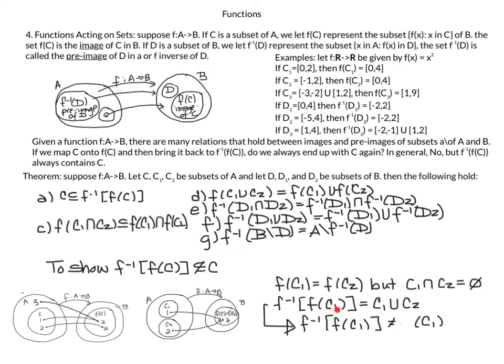If I look at f of C1, that is over here, it's a, and the pre-image of a is equal to C1 union C2. So you can see here that the pre-image of f of C1, of the image of C1, is not equal to C1.